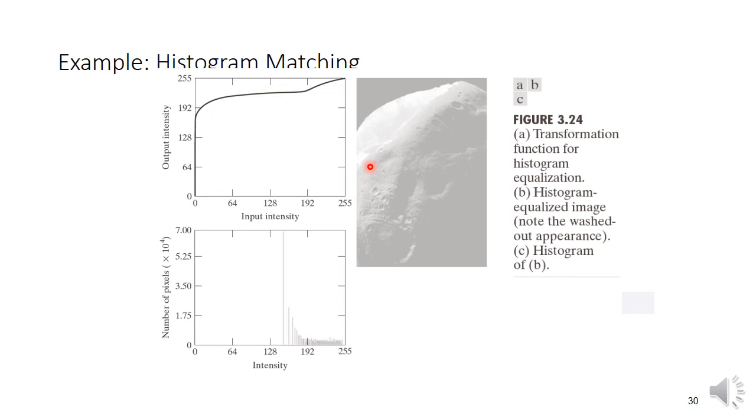Here you can see that we have washed out the appearance of the actual image, and image C here is again a histogram, which is obtained from this image B, which was the histogram equalized image.